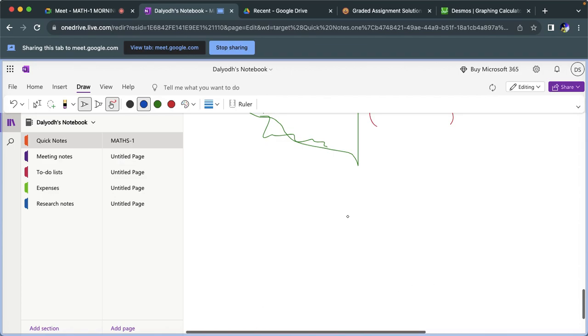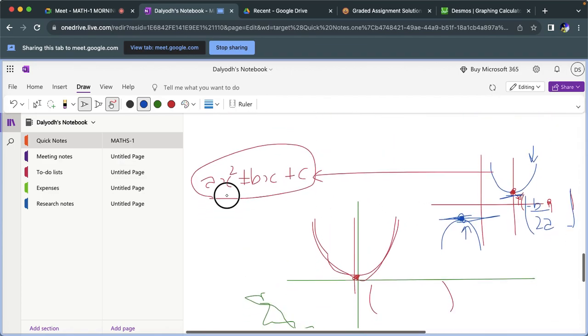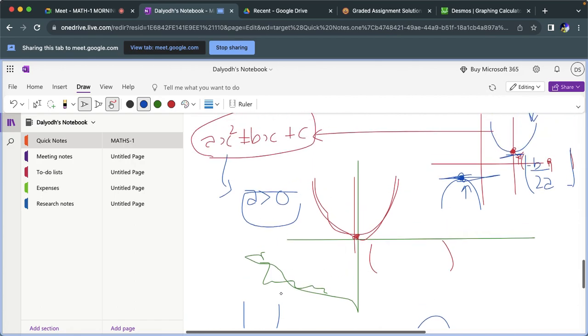If ax square plus bx plus c is given to you and a is greater than 0, then the function must open upward like this, it can't be like this.